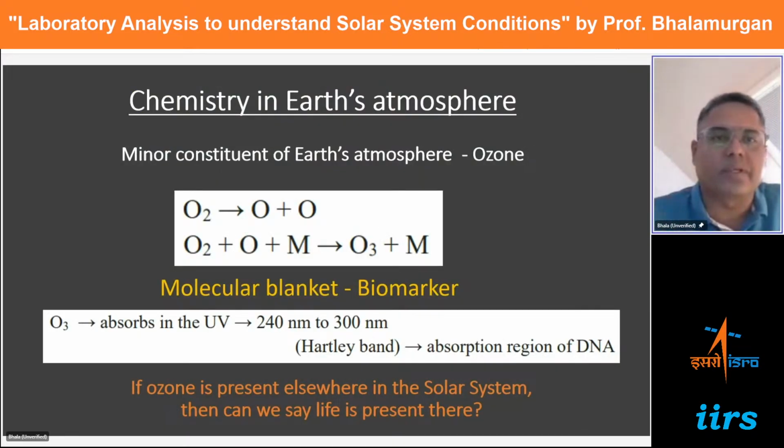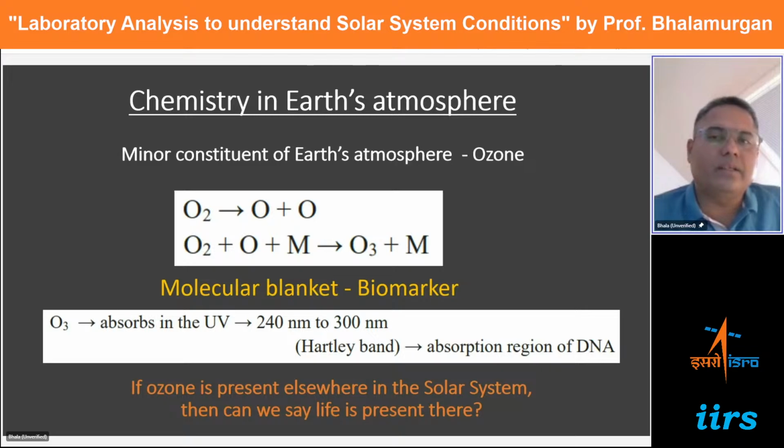So we are still in Earth's atmosphere, right? There are many reactions going on in Earth's atmosphere, but we will focus on something very well known, a very well studied chemical reaction in Earth's atmosphere, which is of interest to many: the formation and destruction of ozone.